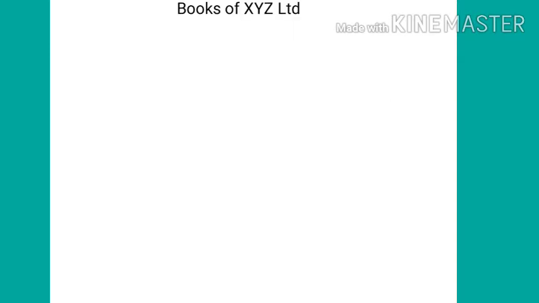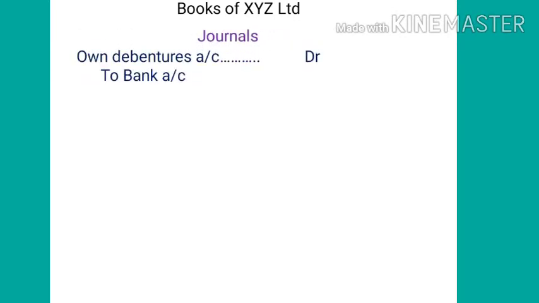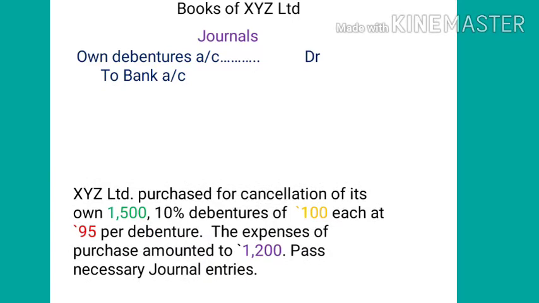We have here books of XYZ Limited, journals, and the first journal is for the purchase of debenture. Own debentures account debit to bank account. Here we need to write the purchase amount, purchase price. So here the purchase price is ₹95 per debenture and 1200 expenses.